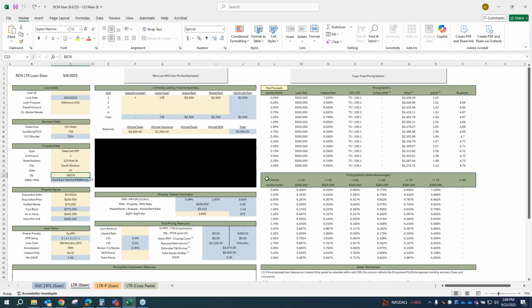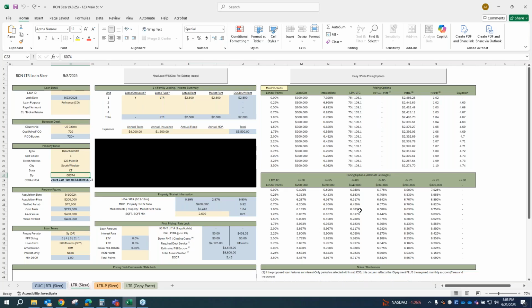They need their properties to cash flow or it doesn't make any sense. So when we have these conversations with our clients, obviously they want all three of those things, but we want to understand what's the one thing that's most important to them so that we can really find the best solution for that client.